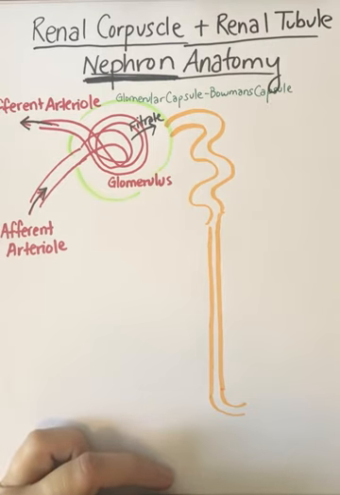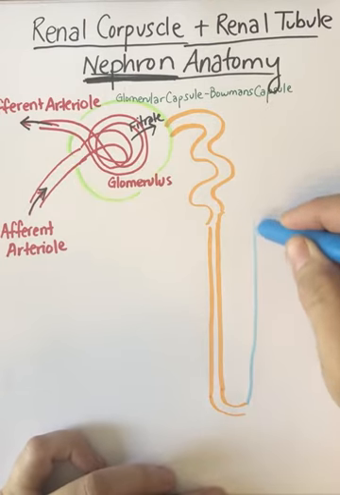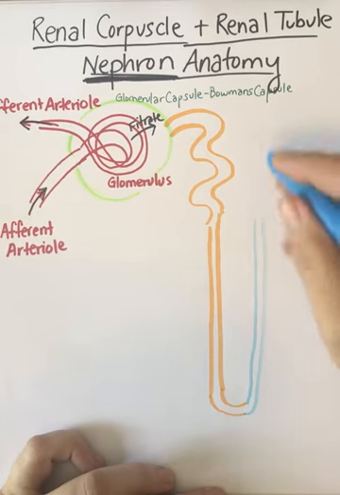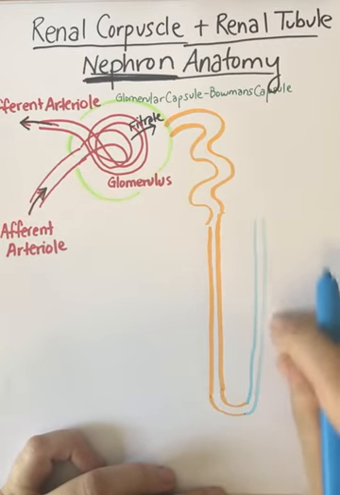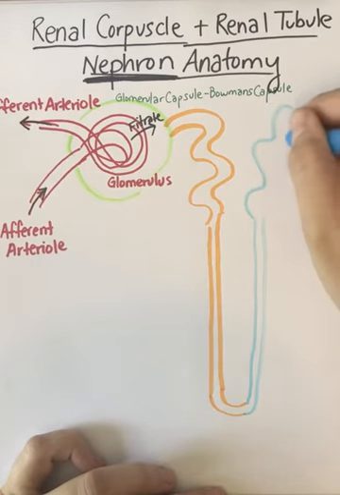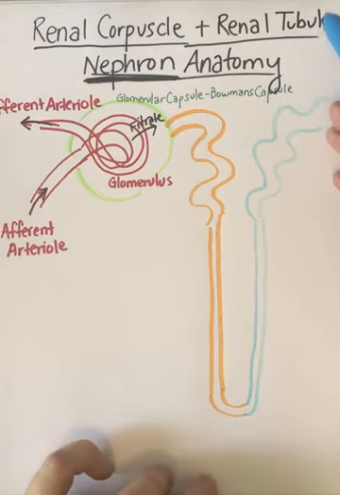Now, your distal convoluted tubule is going to start right here with the ascending limb of the loop of Henle. So technically it's connected, but we call this the loop of Henle, so I'm just connecting it. And it's going to go into the distal convoluted tubule, and this is all part of your renal tubule.